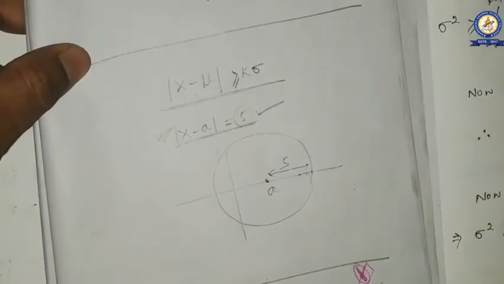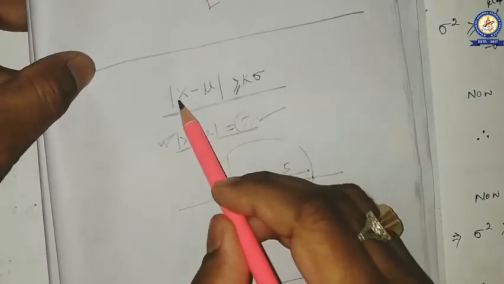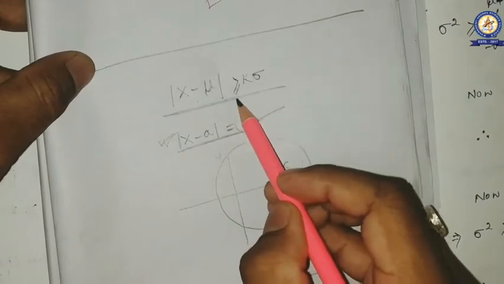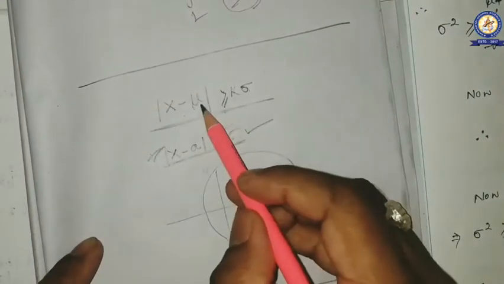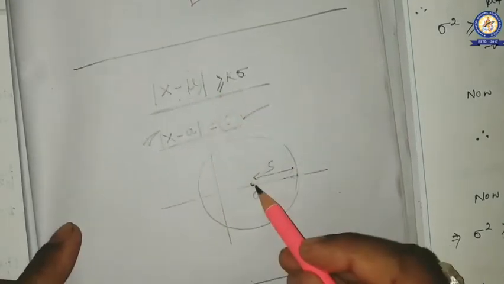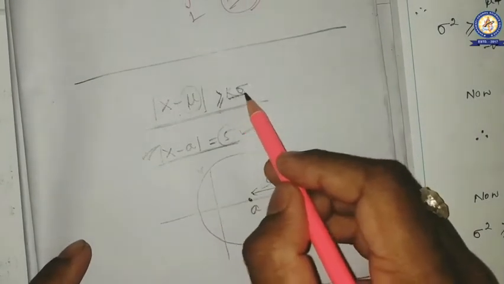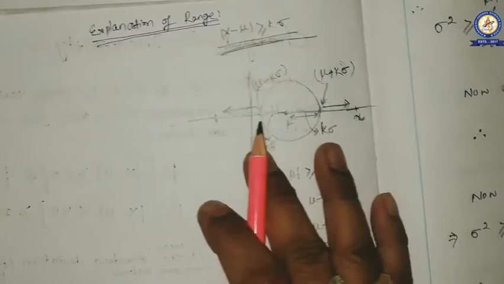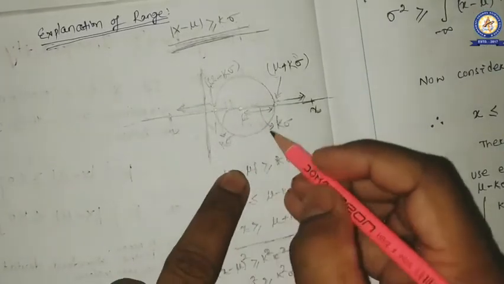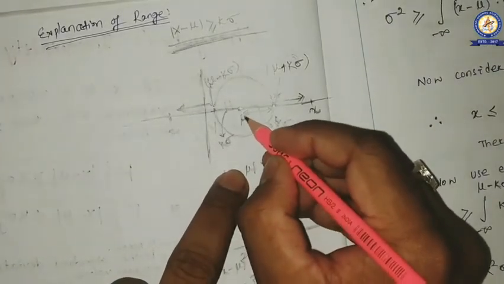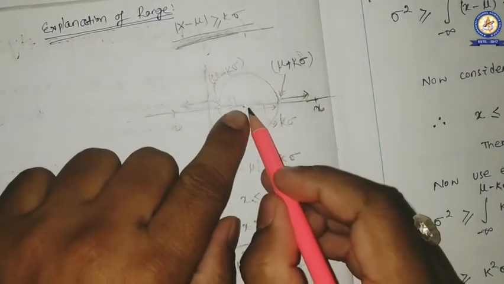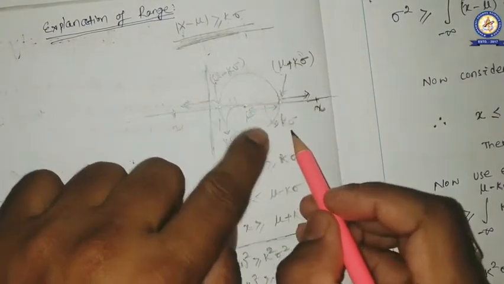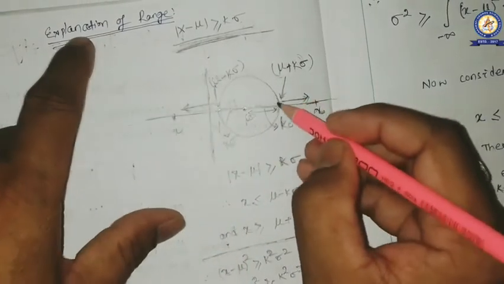Similarly, for |x minus mu| greater than or equal to k sigma, we consider that mu is the center of the circle and k sigma is the radius, whatever I have drawn here. This is mu, the center, and this radius is k sigma, and I draw a circle.